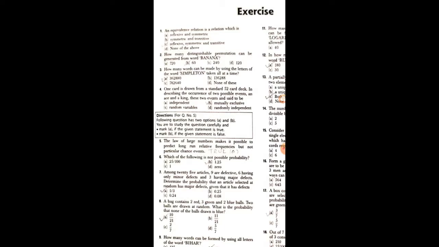Now question number 5. The law of large numbers makes it possible to predict long-run relative frequencies but not particular chance events. It's true. Sixth, which of the following is not a possible probability? 1.25, because all others are possible.